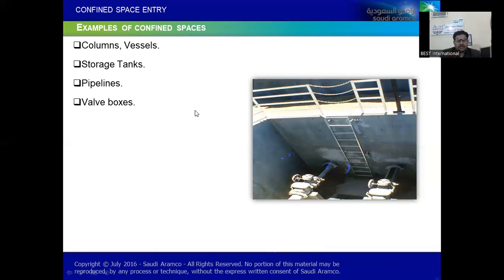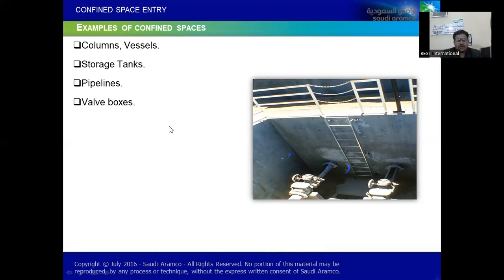So the heavy gases will definitely settle into the low-lying areas or the excavated areas, and that is why any excavation deeper than 1.2 meters or 4 feet, or in the shape of trenches, has to be considered a confined space. Accordingly, we need to put in all the measures and identify hazards and make sure nothing will go wrong.